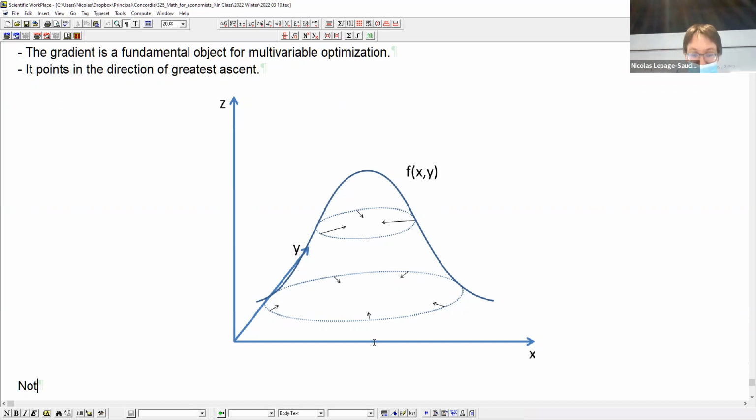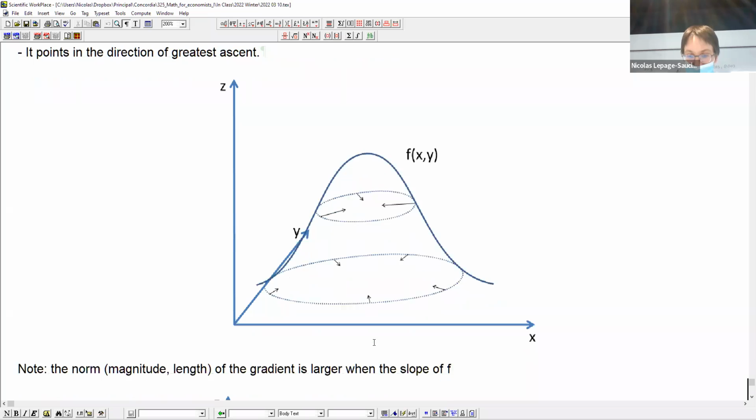Just note the norm or the magnitude of the gradient is larger when the function is steeper.